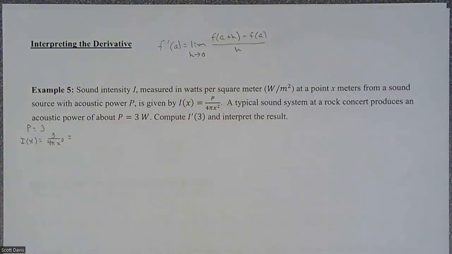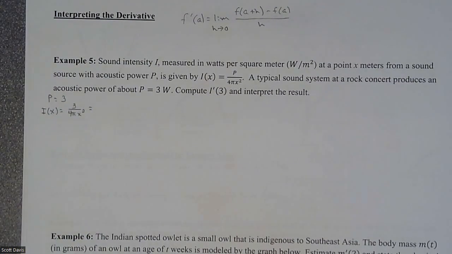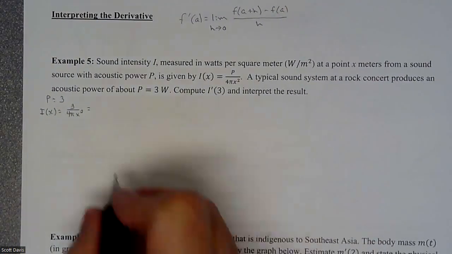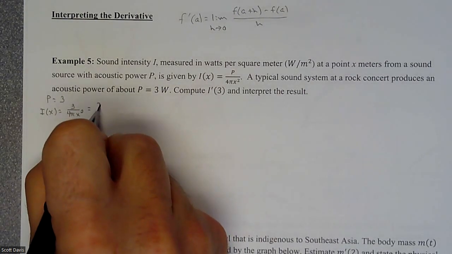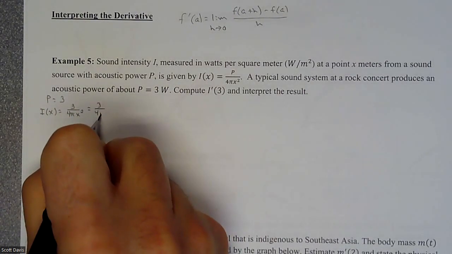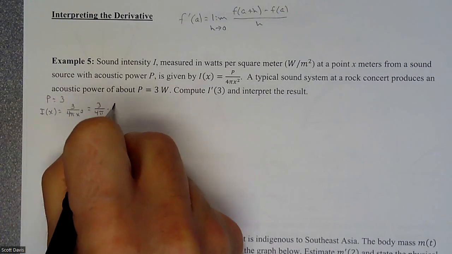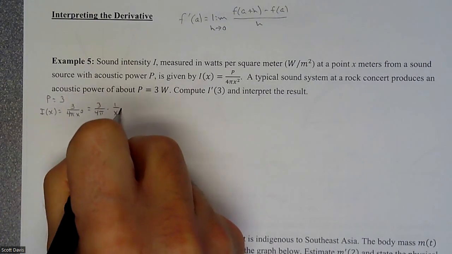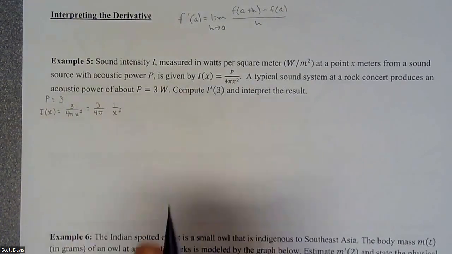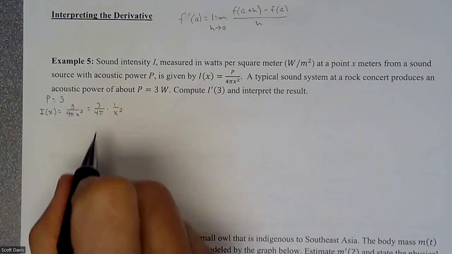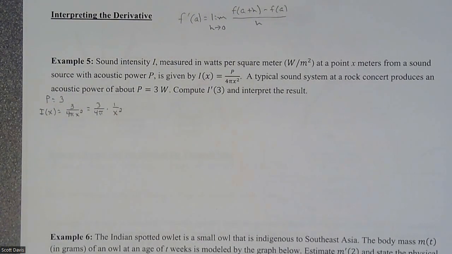But I'm going to write it one other little way to help our cause. I'm going to pull the 3 over 4 pi off and make it times 1 over x squared, because this is the part we need to focus on. I'll show you how we can take advantage of that.